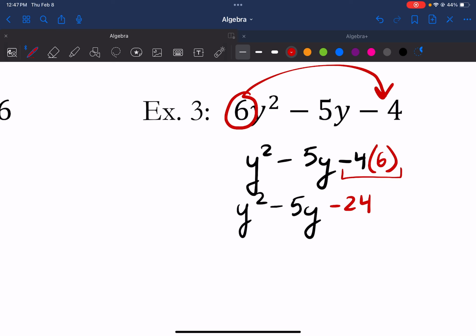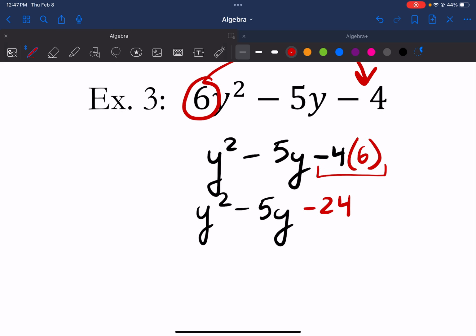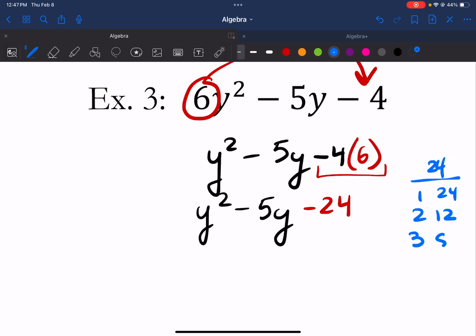Now it just looks like a regular type 1 trinomial. So from here, we can find our factors of 24: 1 and 24, 2 and 12, 3 and 8, 4 and 6. Which one will sum to my negative 5? It's going to be 3 and 8.